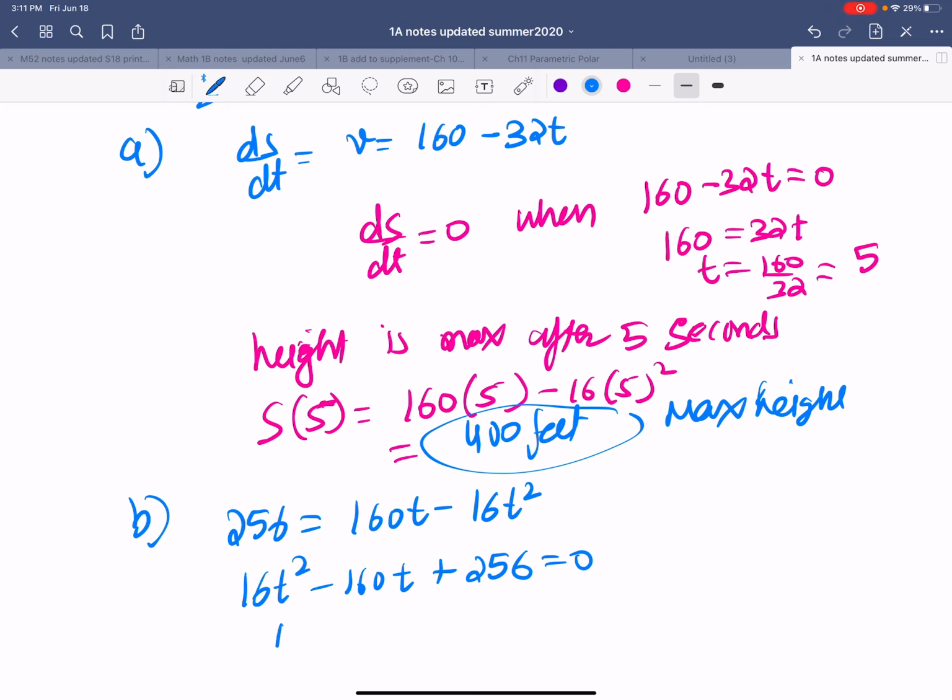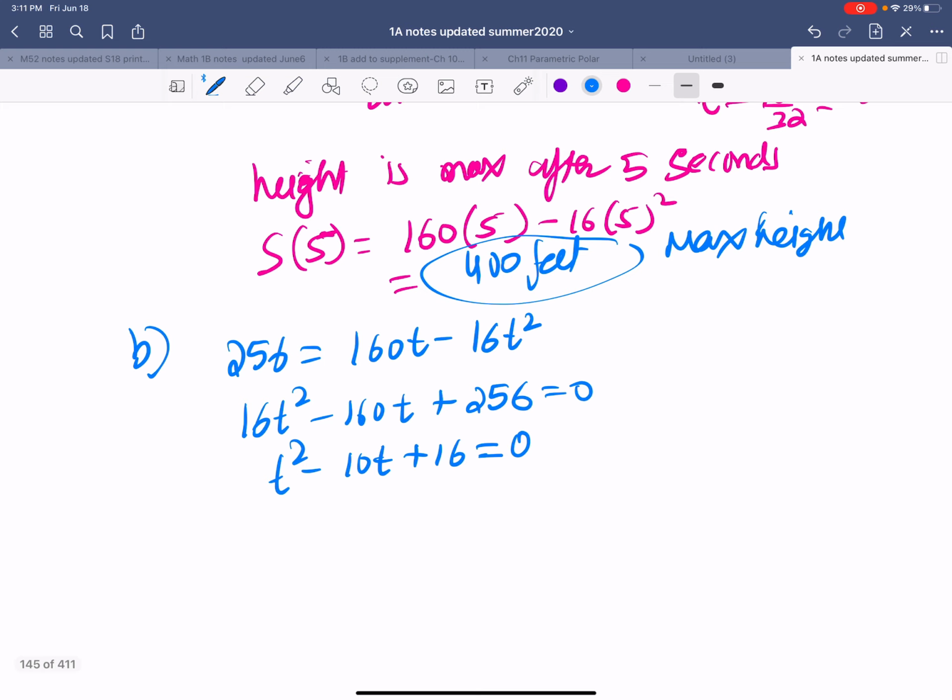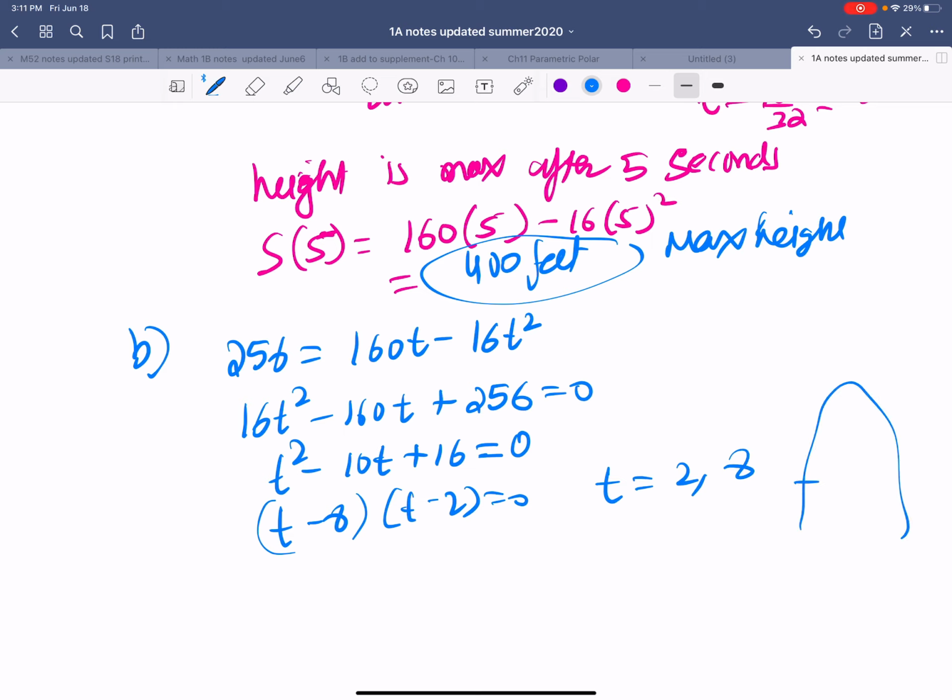That leaves me with t squared minus 10t plus 16, which is 0. Factor: t minus 8, t minus 2 is 0, so t is equal to 2 and 8. So this happens after 2 seconds and after 8 seconds.